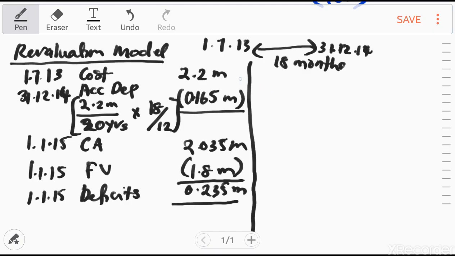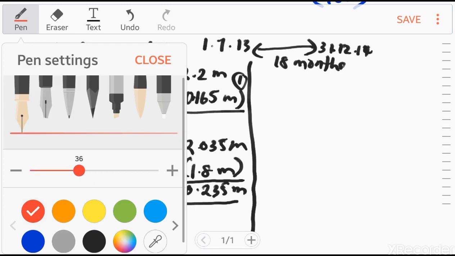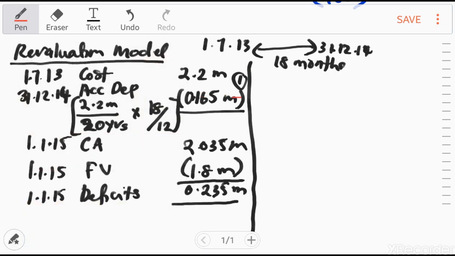So I'm going to label the part that you need to do journal entry. This is for the accumulated depreciation. You need to do the journal entry for accumulated depreciation, and the journal entry for the deficit, as well as find the current year depreciation.